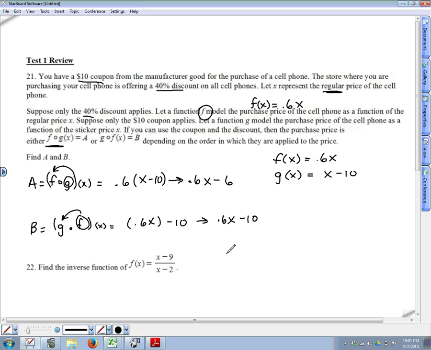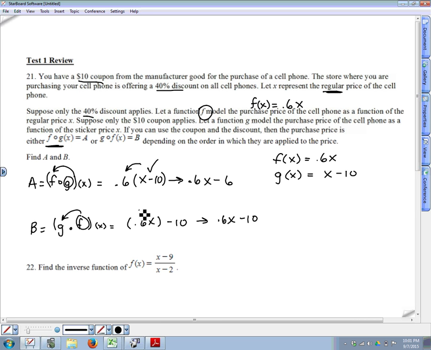So the natural follow-up question, which isn't actually part of this question here, is which one's the better deal? Now f of g means that you apply the $10 off first, and then you have 60% off.